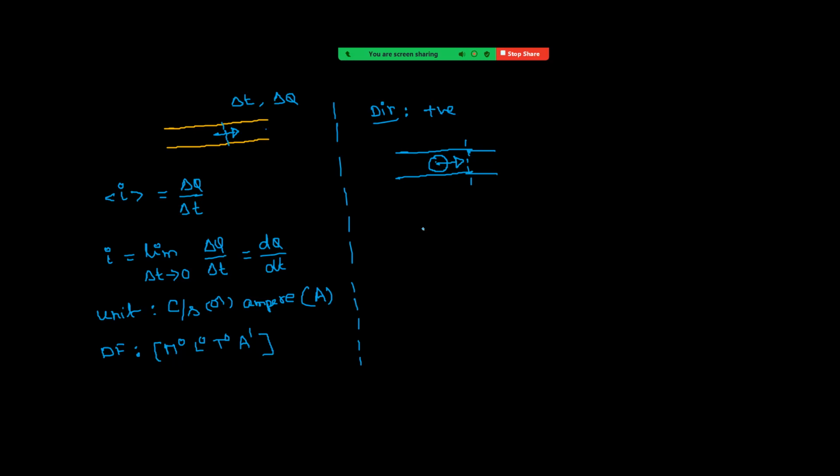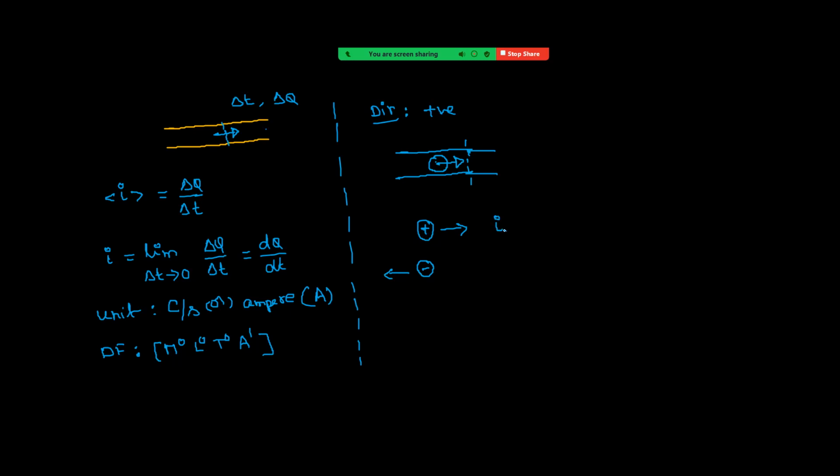For example, take a chemical solution which contains positive ions and negative ions. If you assume that positive ions move to the right side, then negative ions will move to the left side. According to our definition, the direction of current is the direction of motion of positive charge. That means because of the positive charges, the current is to the right side.